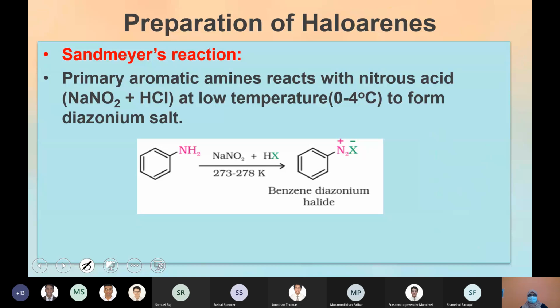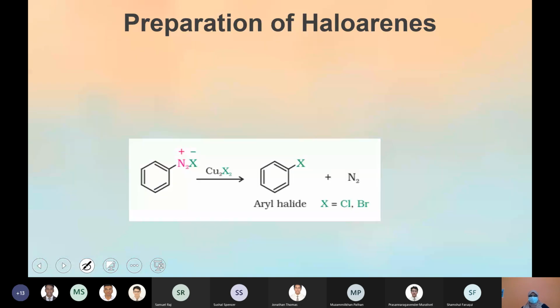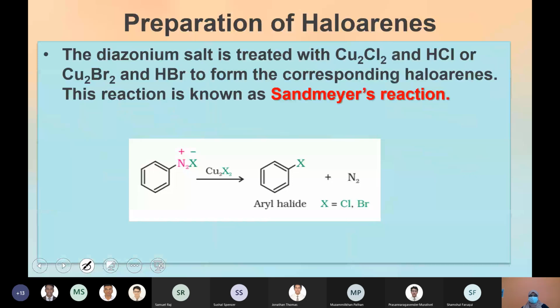Right. Once you get a diazonium chloride in Sandmeyer's reaction, the second step is the main step. You will treat it with copper halide. So once you have your diazonium halide, you will treat it with copper halide. If you need chlorine as a substituent, you will take Cu2Cl2 and HCl.